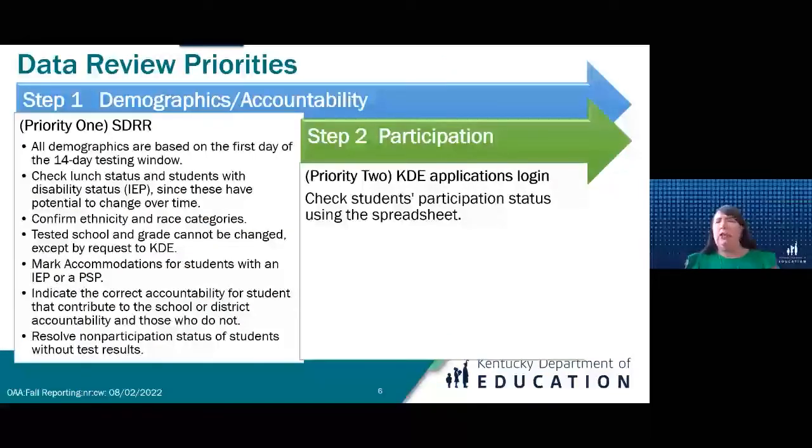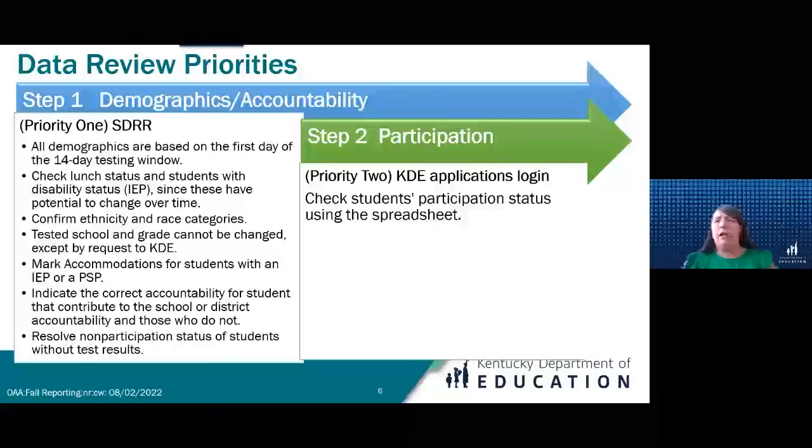Now, what am I going to do? What are my priorities for data review? Okay, your number one priority is to look at all of the demographics of your students. And then also look at the accountability, and make sure it is where it's supposed to be, whether those students are 100 days to you, or 100 days to another district.